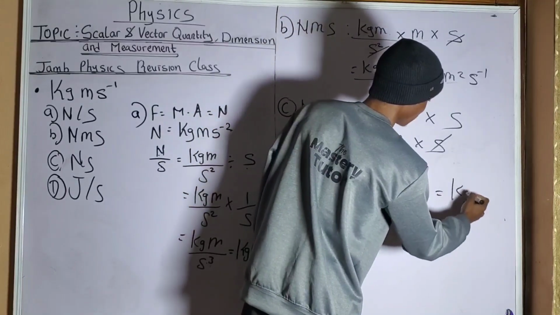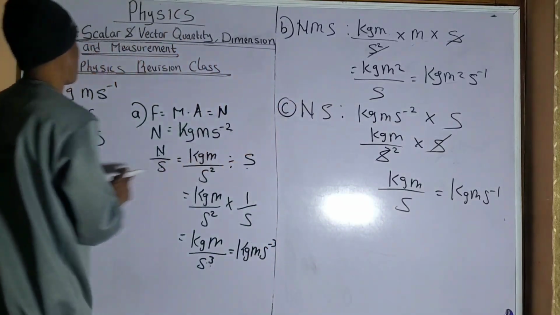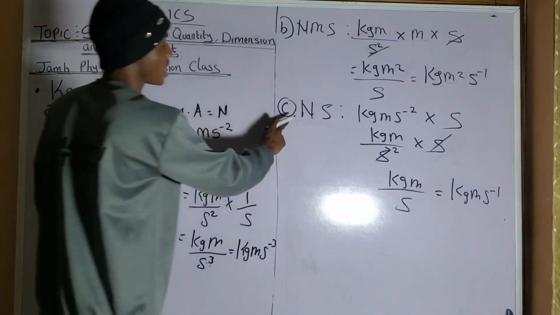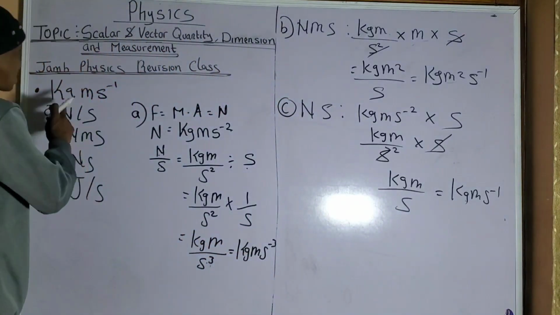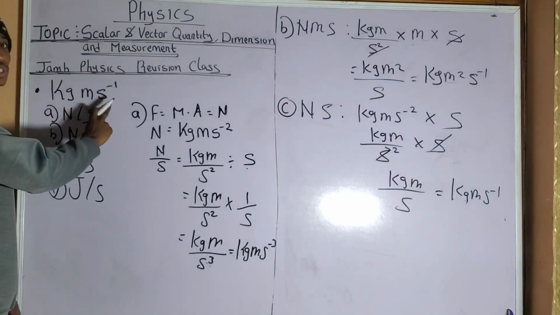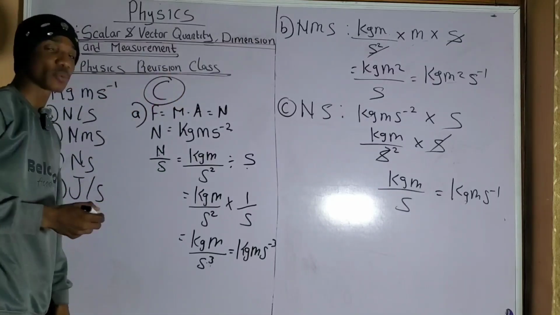This is kilogram meter per seconds. You can see that this option C is the unit that we have here, which is kilogram meter per seconds, the same. So the correct option to this question is option C.